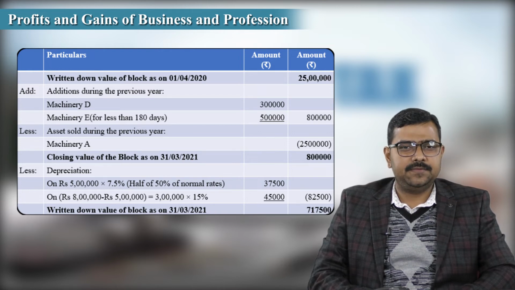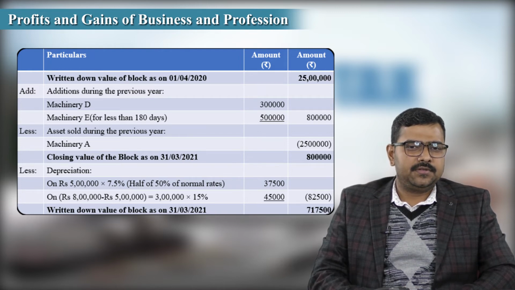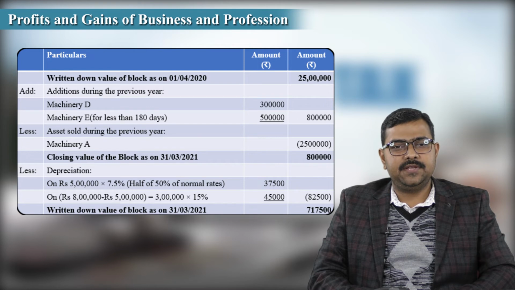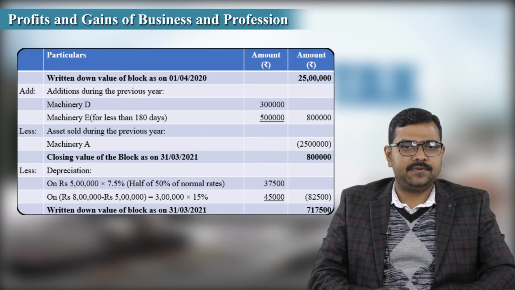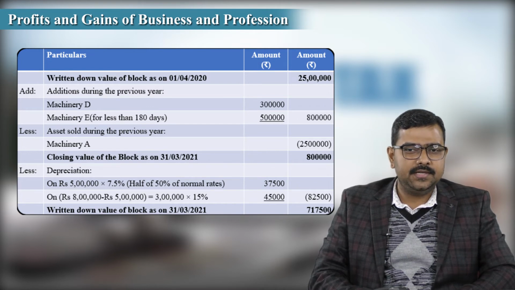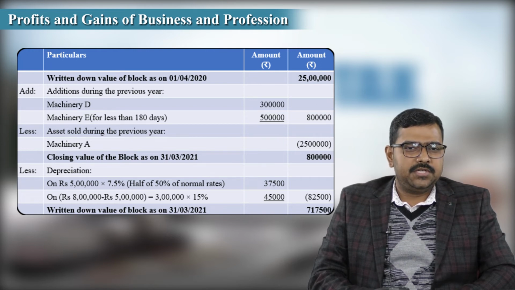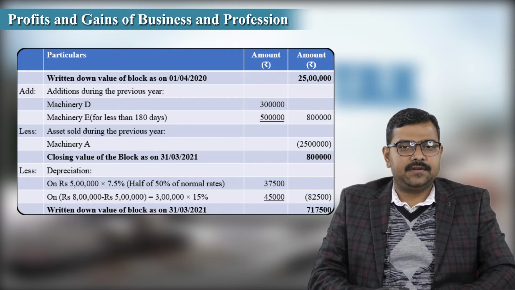Now, depreciation shall be charged on rupees 5 lakh. Depreciation will be charged at half rate of depreciation. So full rate of depreciation is 15%, half rate of depreciation is 7.5%, which is equal to 37,500. Then we have machinery D, which is equal to 3 lakh, and rate of depreciation shall be 15%. Full rate of depreciation shall be charged, 45,000.